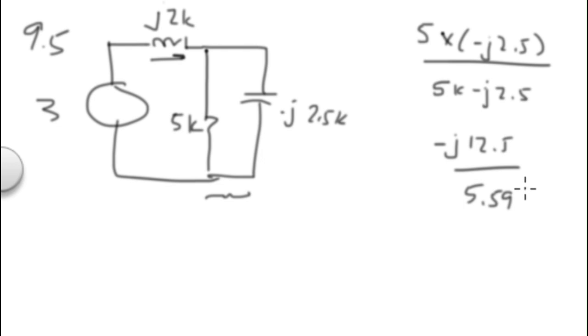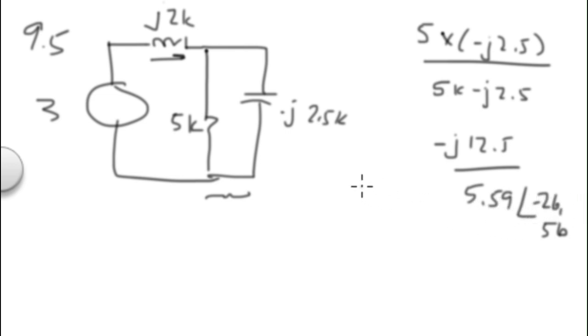That's an angle of minus 26.56. So we have a 12.5 at minus 90, that minus J is at minus 90, over 5.59 at minus 26.56.